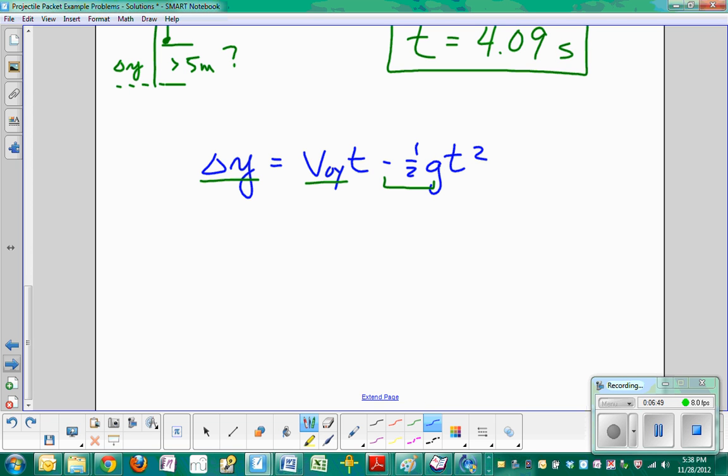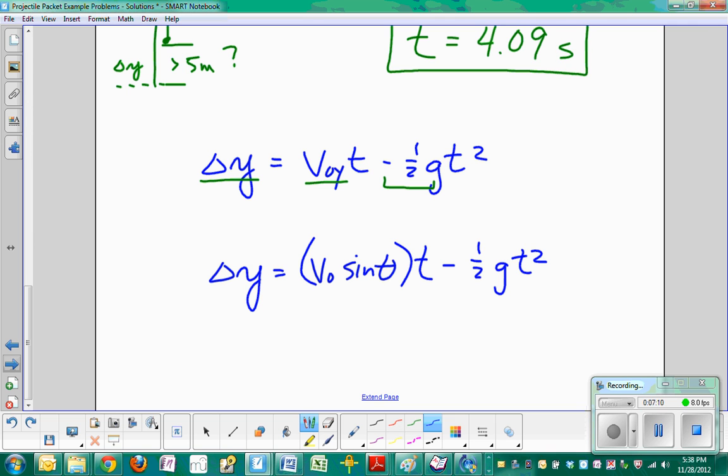Now we're going to plug in numbers. Delta y is equal to v naught y, and v naught y is v naught sine theta, times t minus 1/2 g t squared.